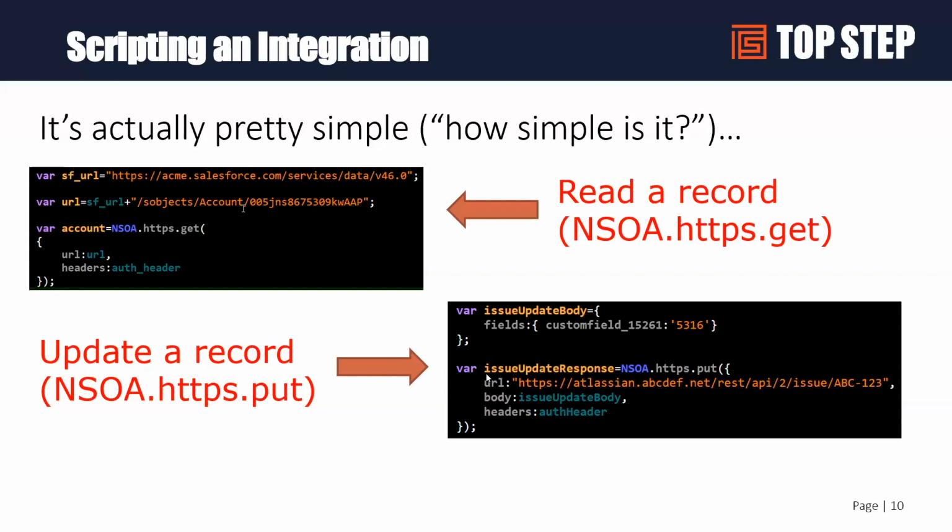And these response variables, issue, update, response, and in this case, account, will hold the information back from the system that you're reaching out to, so you can see what code you get if it was a successful update or if you had an authentication problem or something of that nature. And then you can process that code because it usually comes back as straight JSON. Pretty simple, really.